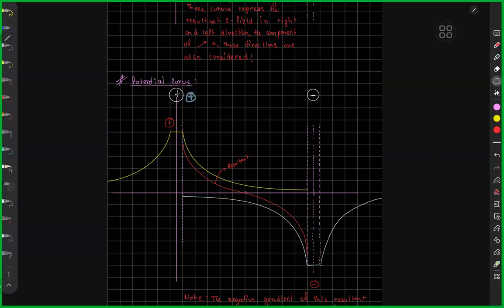Now, what if I am moving away from the positive charge and going towards the negative charge? That means I'm being repelled by the positive charge and I'm being attracted by the negative charge.